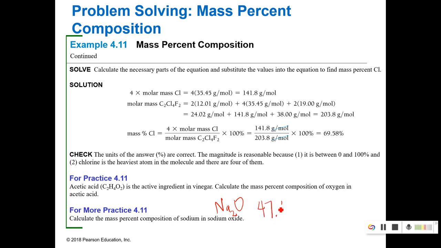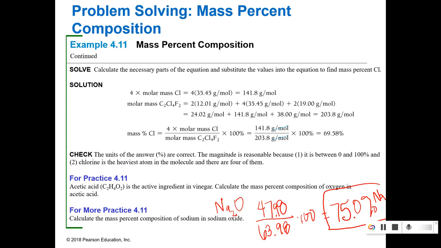So 47.98 divided by 63.98 times 100. And I get 75.0% of sodium.